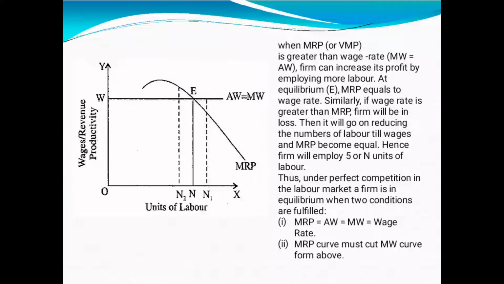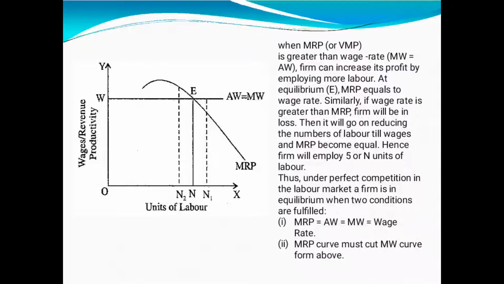It can also be explained in diagrammatic form. In this diagram, when MRP is greater than the wage rate, the firm can increase its profit by employing more labor. At equilibrium, MRP equals the wage rate.